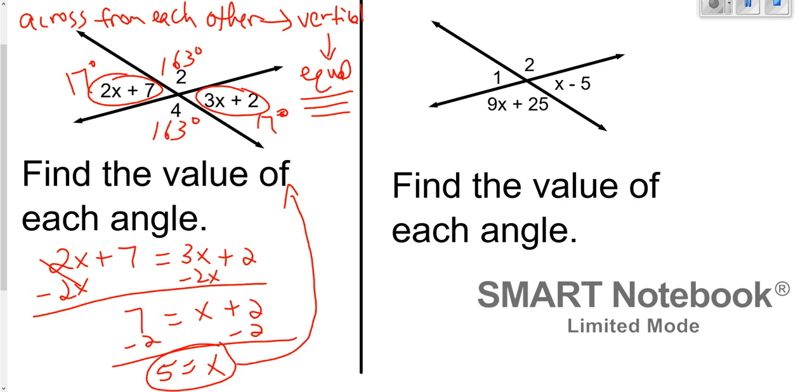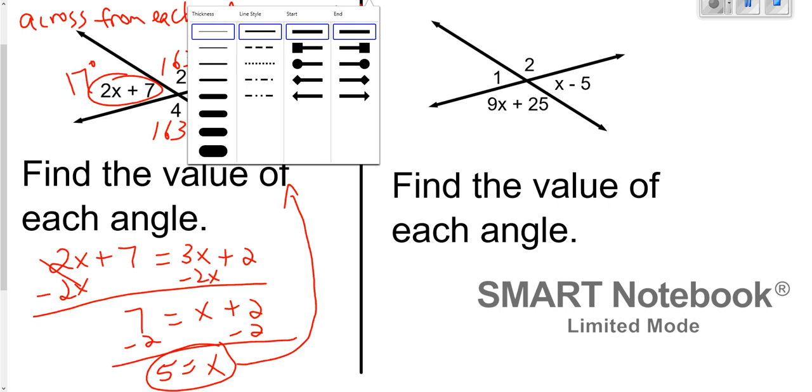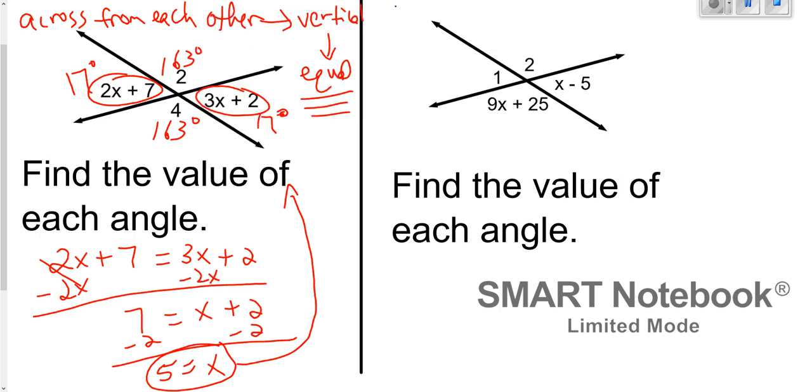All right, let's look on the right here of this question. These angles are next to each other, so they're not equal, they're not vertical. If I draw the angle marks, they form a semicircle, which means, let me write it, they form a straight line or a semicircle.